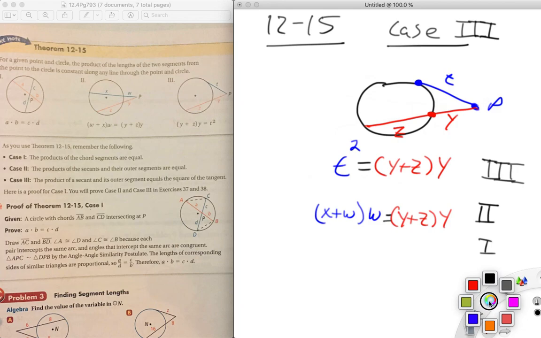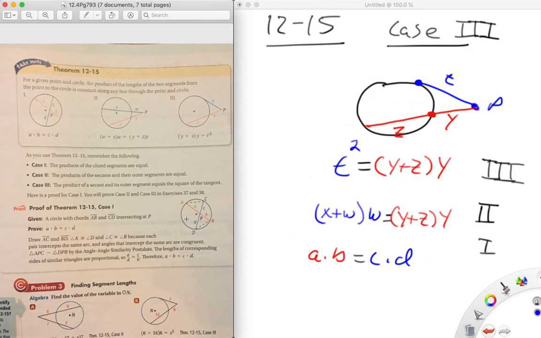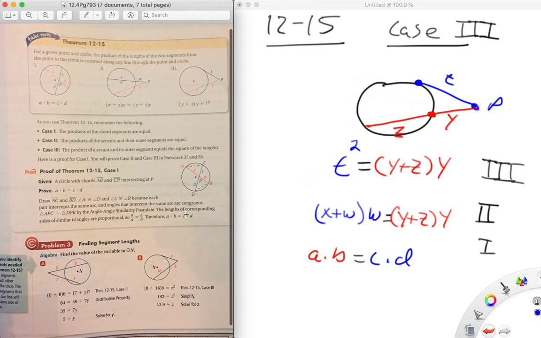And that's the one that everybody likes. A times B equals C times D. Alright, so those are our scenarios.